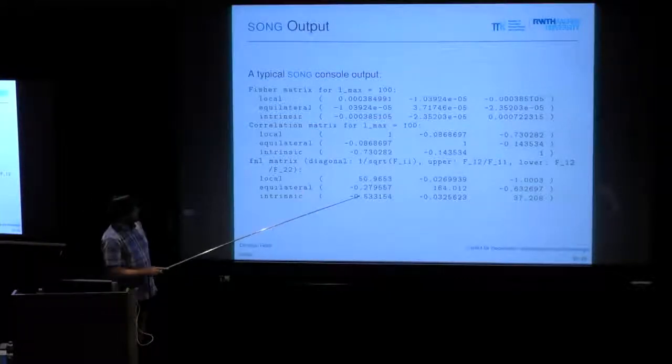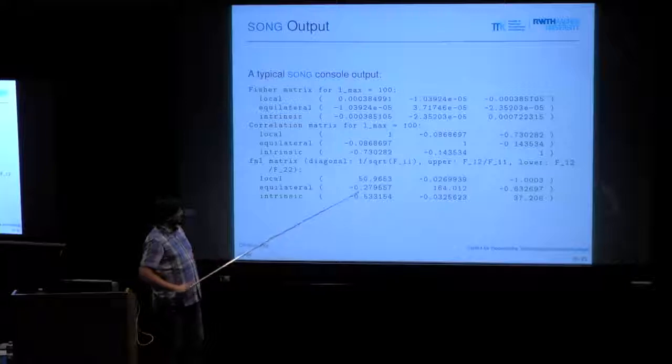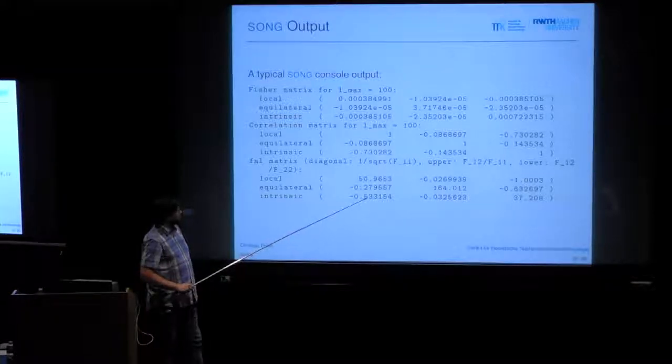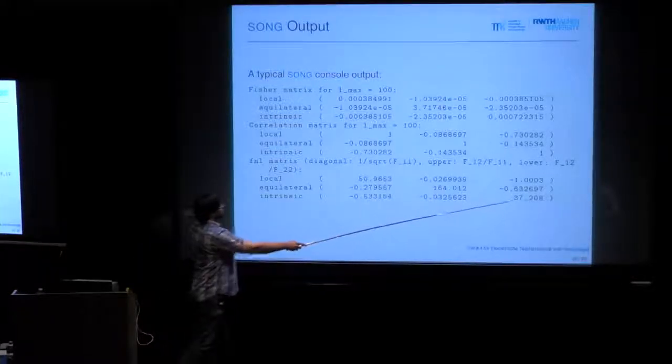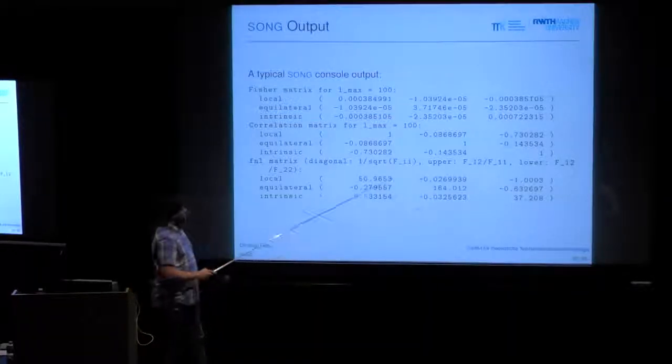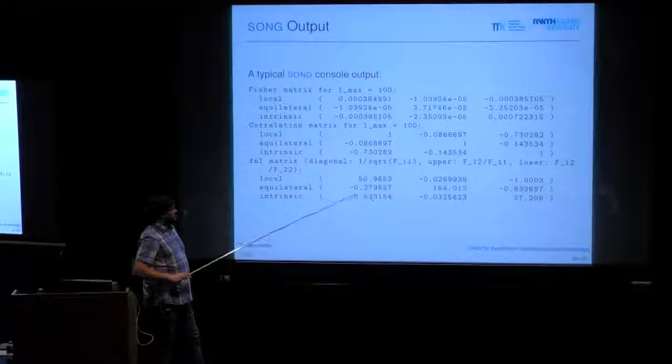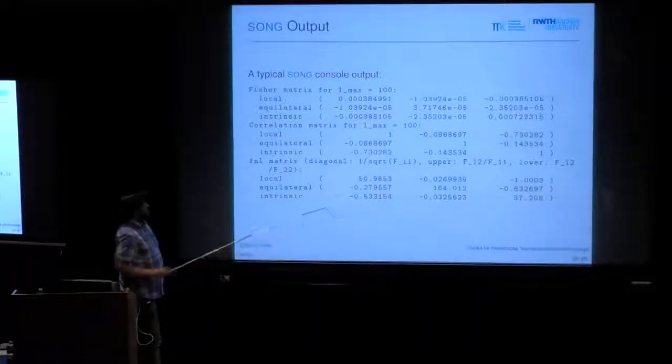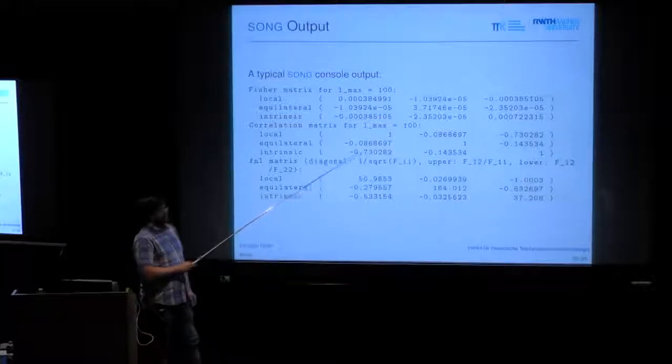And in this case, we can understand why it is minus 0.53. First, the templates have a similar amplitude. This one is in fact a bit larger in amplitude. So of course we expect this to be, it's hard to say, but roughly of order 1. And then we look at the correlation and we see these shapes are anti-correlated with some coefficient of 0.73.